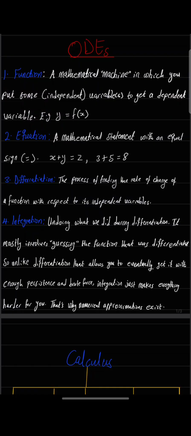So we start with a function. A function is a mathematical machine, okay? And I say machine loosely to say it's something that transforms something into another thing. When you put some independent variable inside of it, you get a dependent variable out of it. So for example, you have this as a statement of a function.